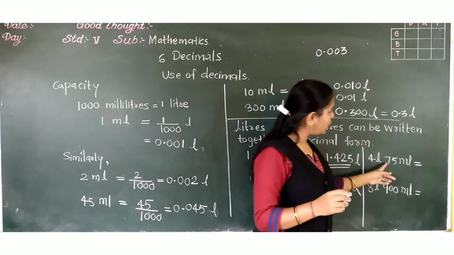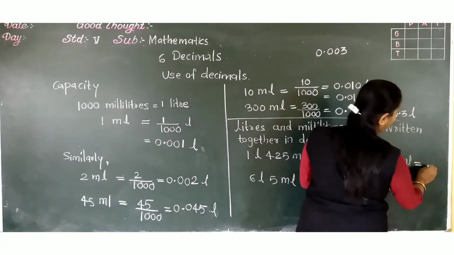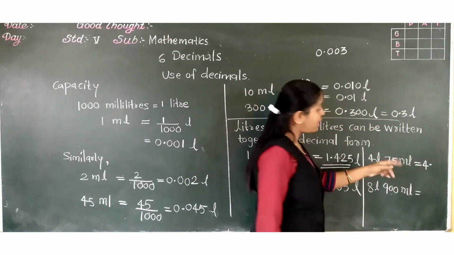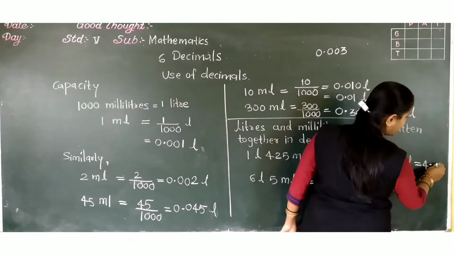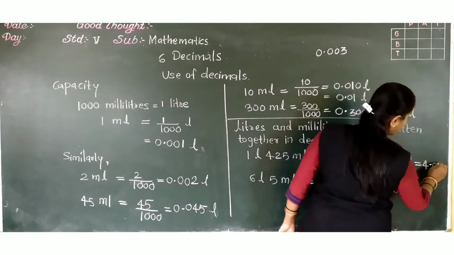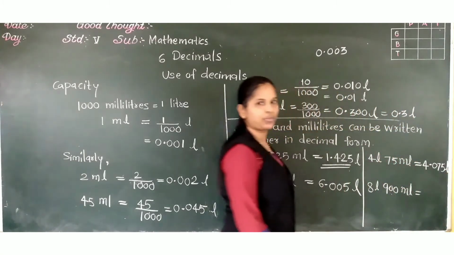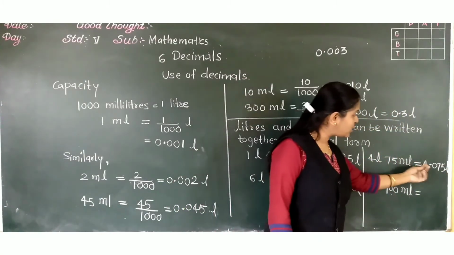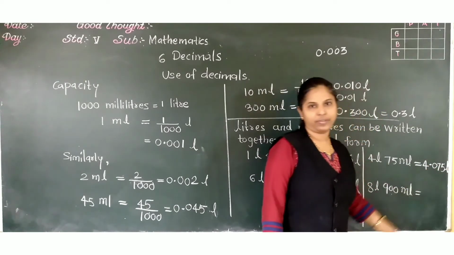Next, 4 liter 75 milliliter. So how to write that? 4.75? No, in the decimal part 3 digits are compulsory. So 0.75 liters it is. Okay? Only 75 means 4.075.